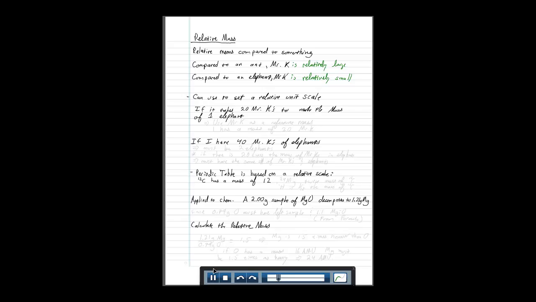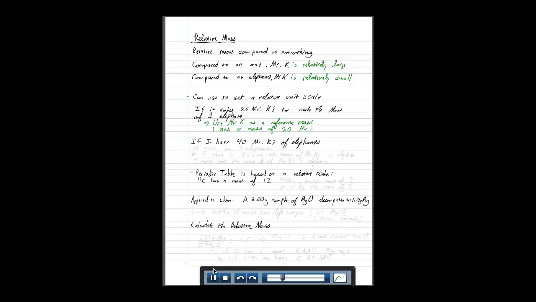Let's say it takes 20 Mr. Kilgores to make the mass of one elephant. What we can say is we can use Mr. K as a relative mass, as a reference. So, one elephant, say, has a mass of 20 Mr. Kilgores.